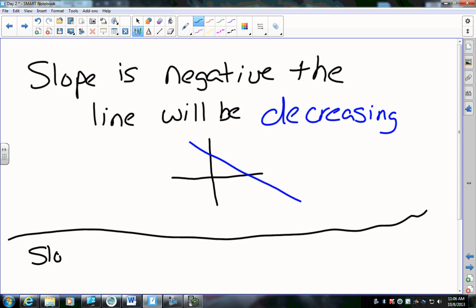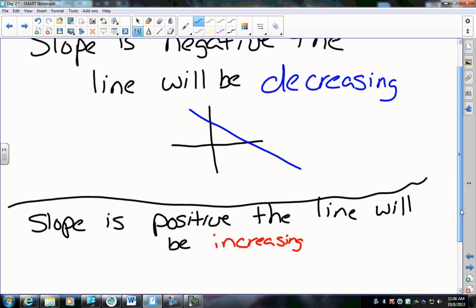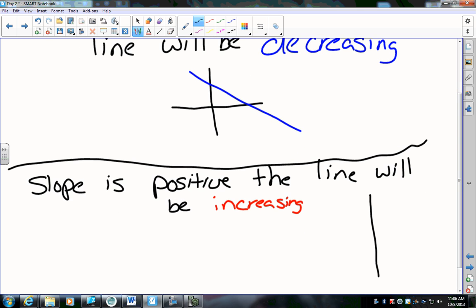When the slope is positive, the line will be increasing. So that means my line will be going up.